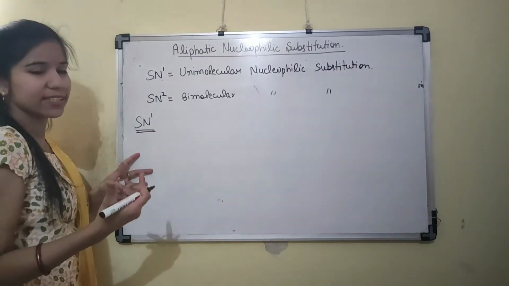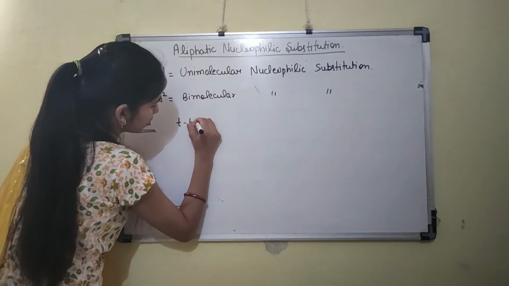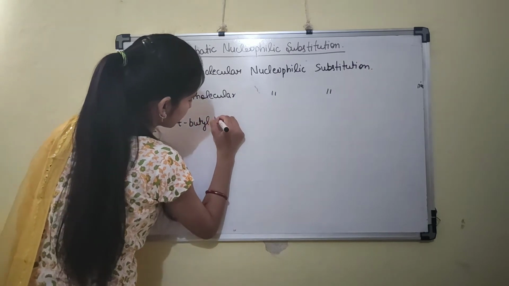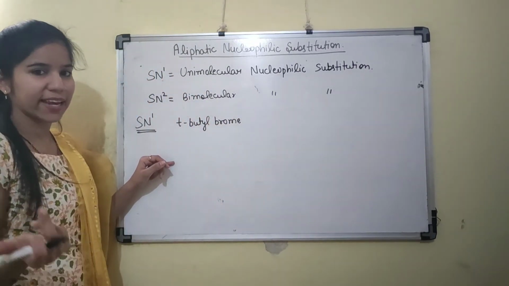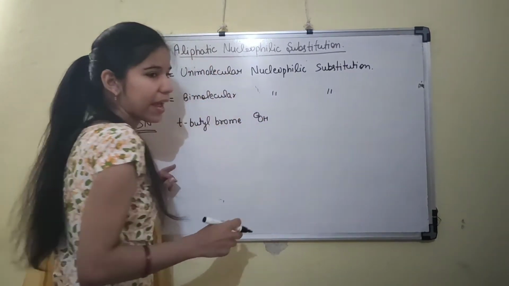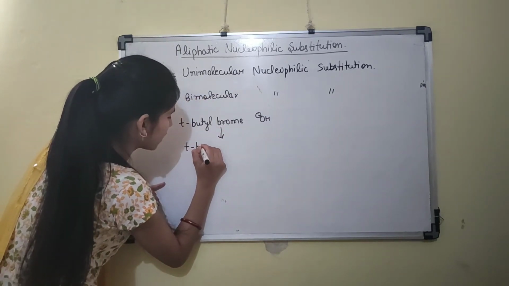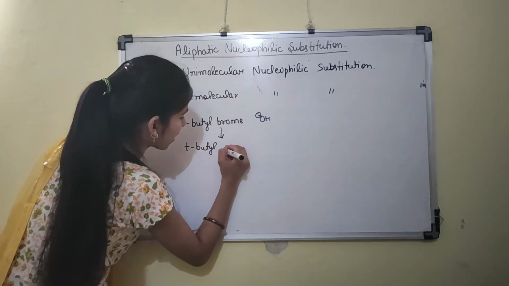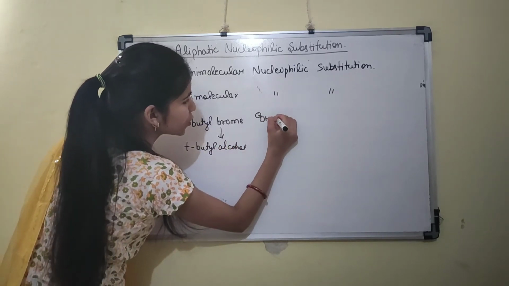Take an example of t-butyl bromide. In this the nucleophile is OH negative and they form t-butyl alcohol.